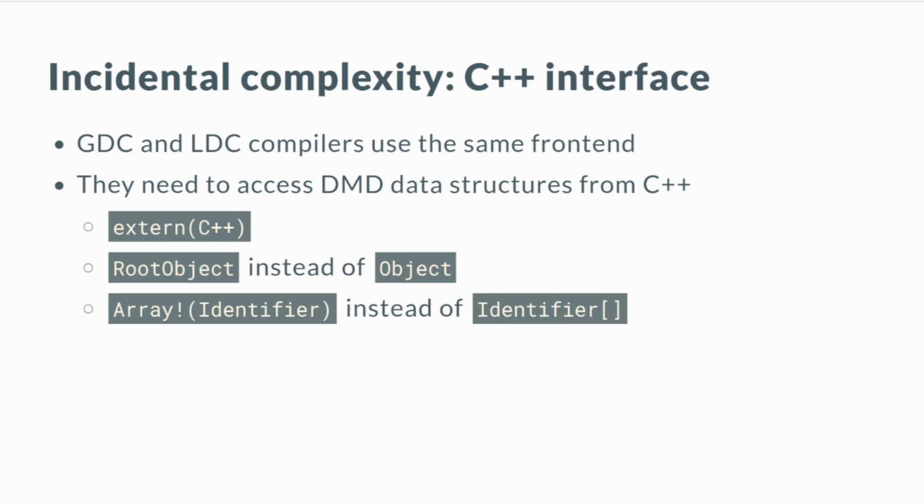C++ has trouble interfacing with D arrays, so a custom template array type is used in DMD instead of regular arrays. And when extern(C++) data structures or functions are changed in D, the corresponding definition in the .h header files also needs to be updated.